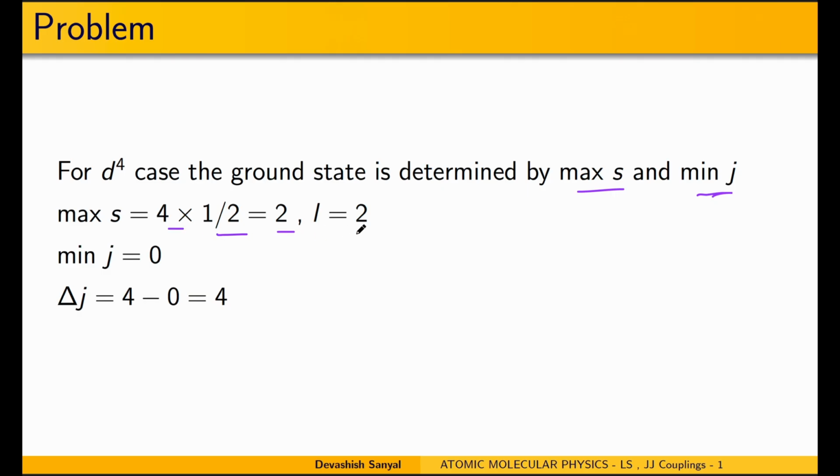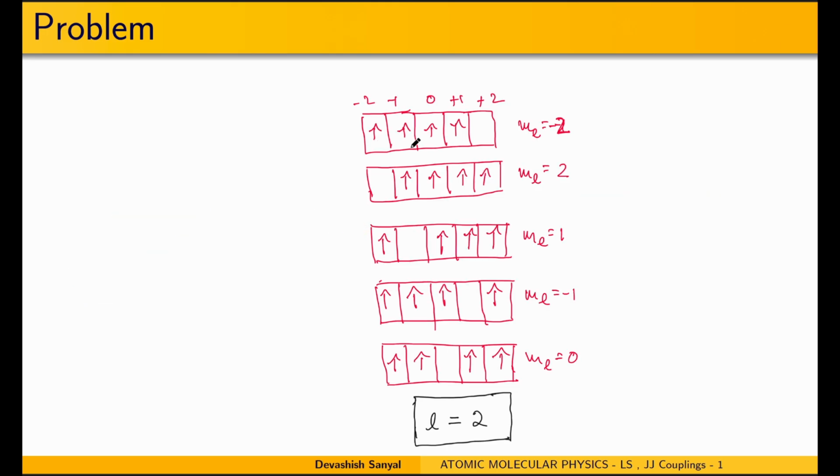What about L? L also in this case is 2. Why? You can place the electrons like this, and in this case the z component of ml is -2.